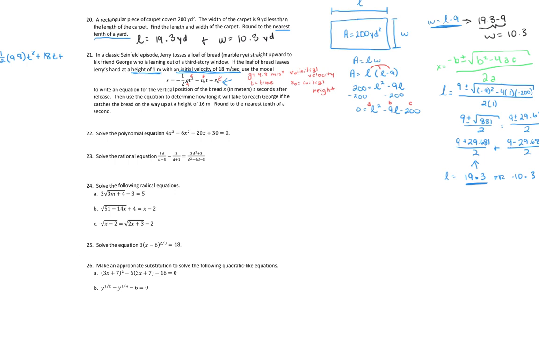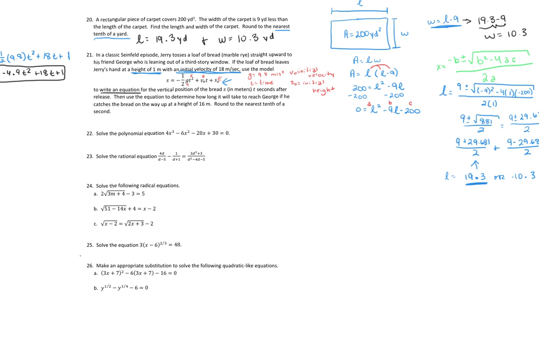So our S naught is just 1. So if we simplify this down, you will get something like S equals negative 4.9 t squared plus 18t plus 1. And that is what it wants for the first part of our question, which just says to write an equation.